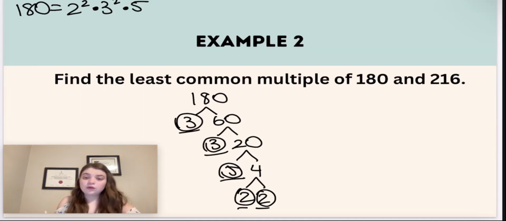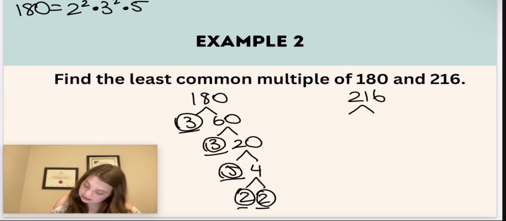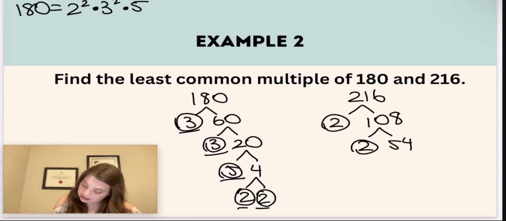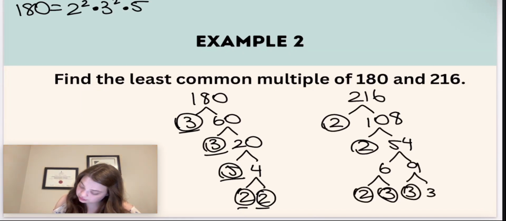Then we're going to do the same for 216. So let's see, 216 is going to be 2 times 108, and that's going to be 2 and 54. And then 9 times 6 is 54. 6 is 2 times 3, and 9 is 3 times 3.